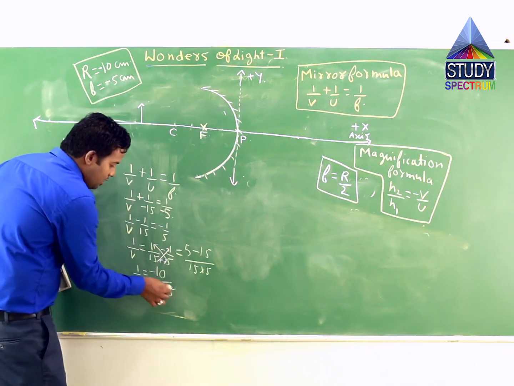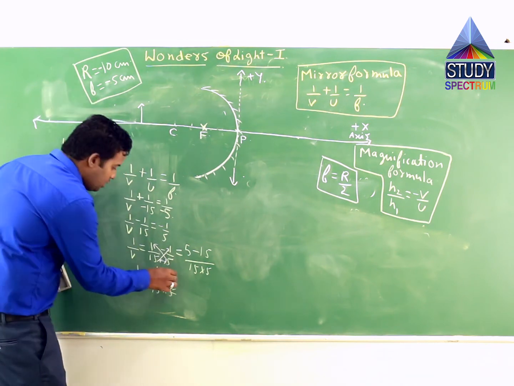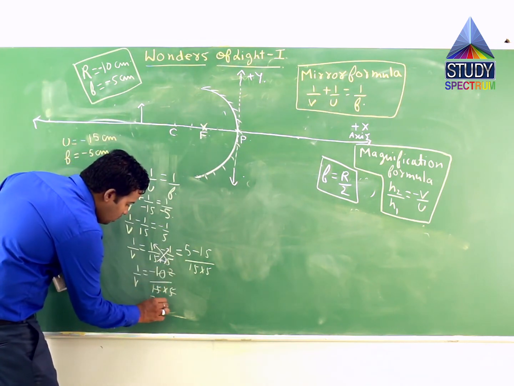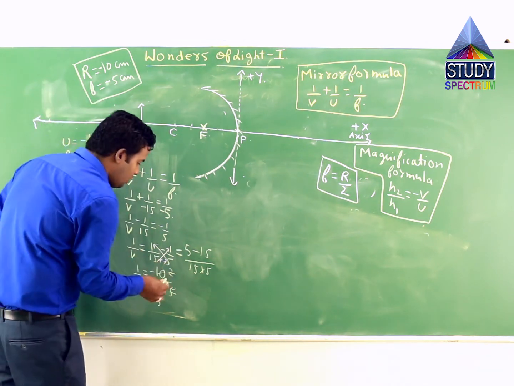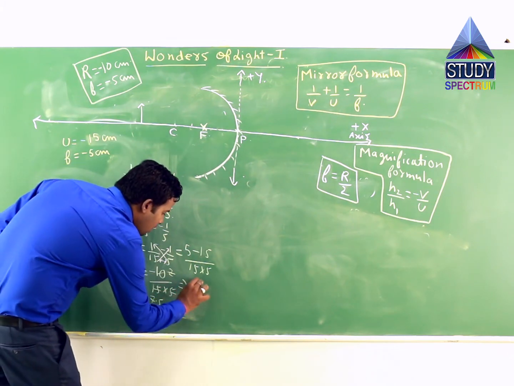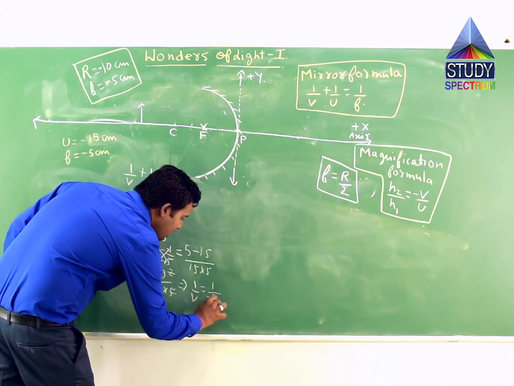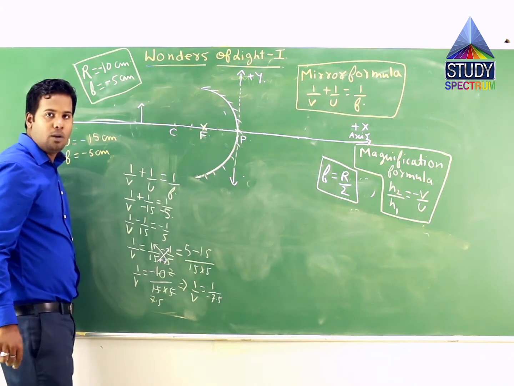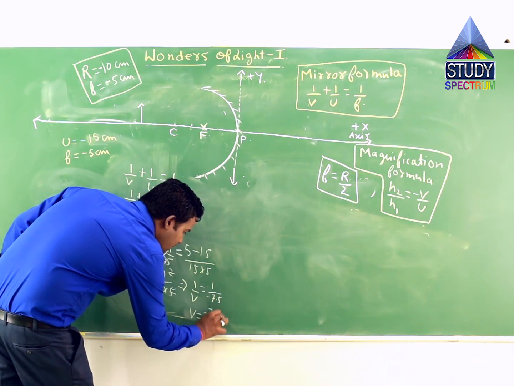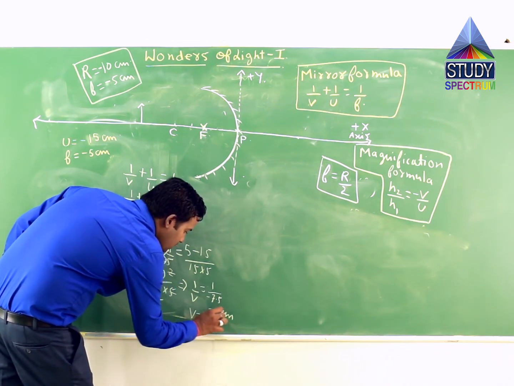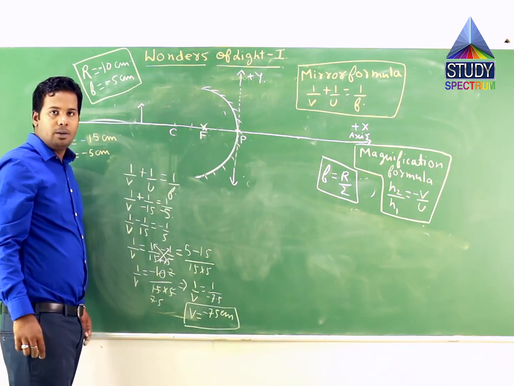I can divide this 10 by 5, so 5 into 2 is 10, and 2 into 7.5 is 15. So this equation becomes 1 by V is equal to 1 by minus 7.5, or we can write it as V is equal to minus 7.5 centimeters.